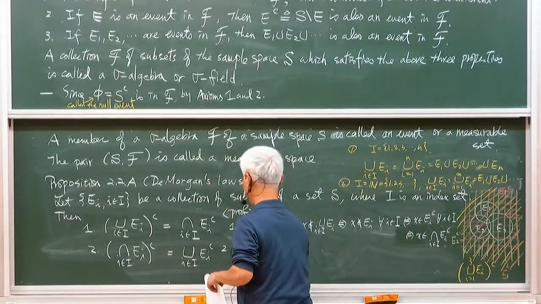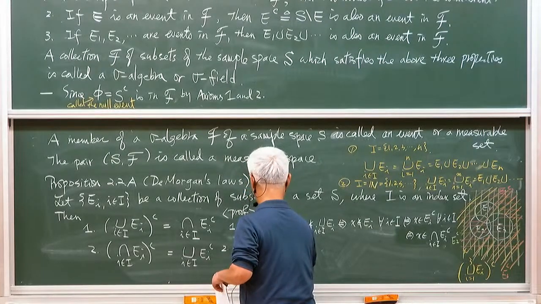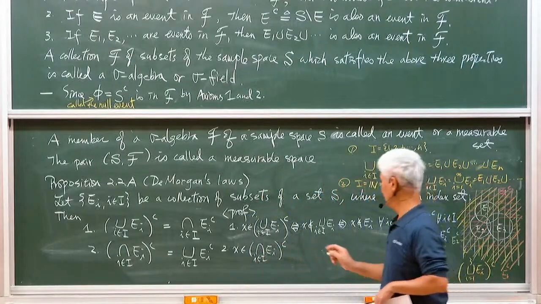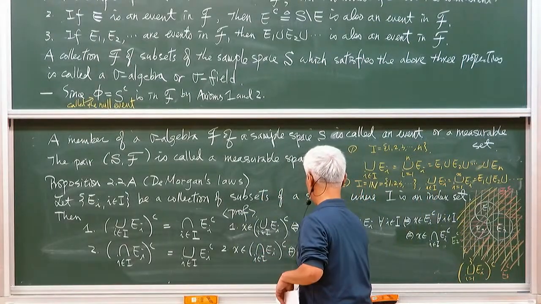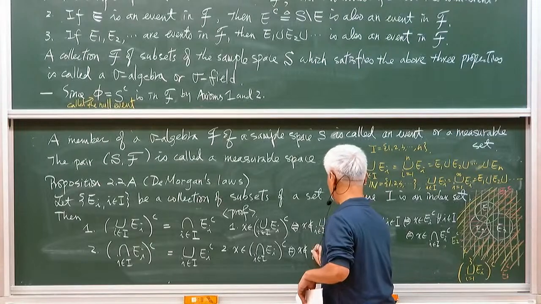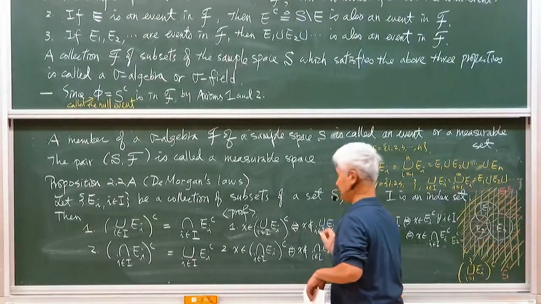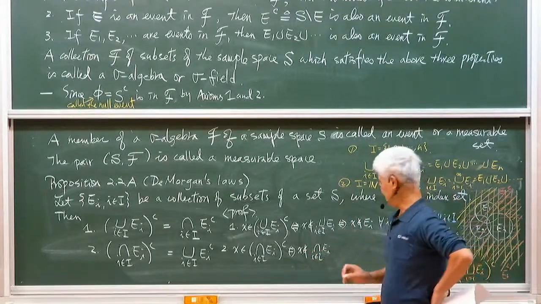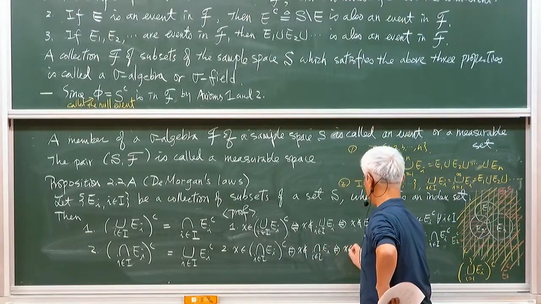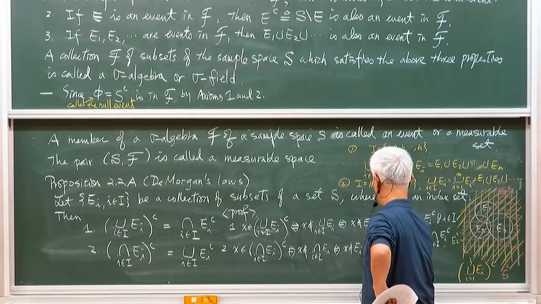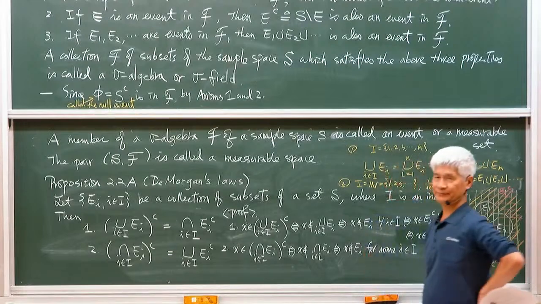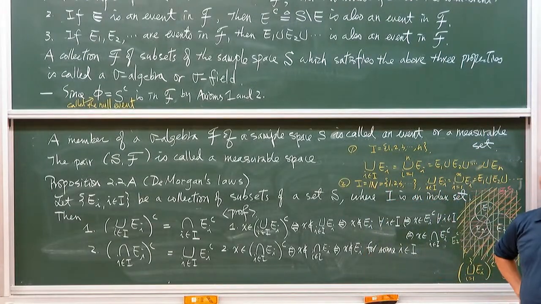Similarly, X is in the complement of the intersection. Because it is in the complement, X is not in this intersection. When X is not in the intersection, which means that X is not in E_i for some i in the index set. For some i.